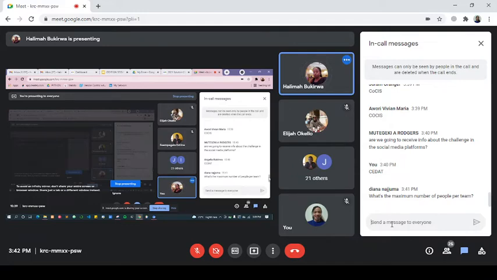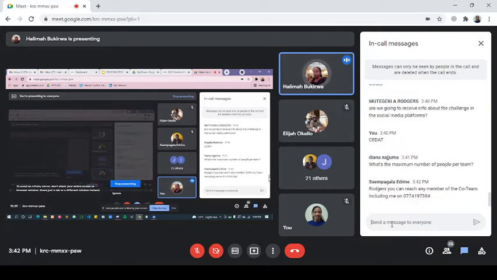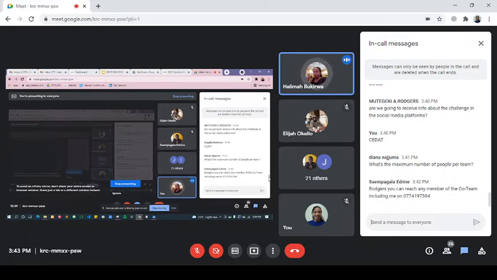What's the maximum number of people per team? It is 4 people. And it would be good if there's some gender balance, maybe 2 females and 2 guys. Also, have people from different faculties, because everyone brings something unique to the table. In the coming sessions, we'll also have a hackathon.